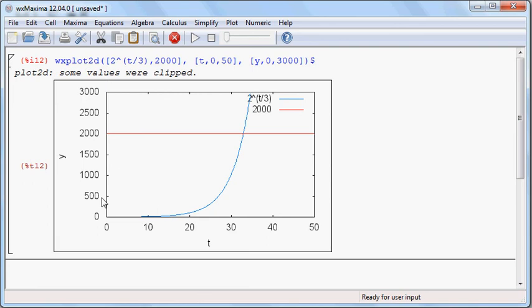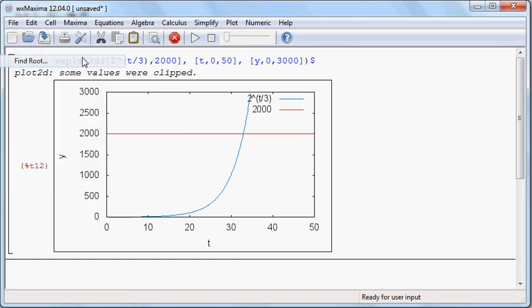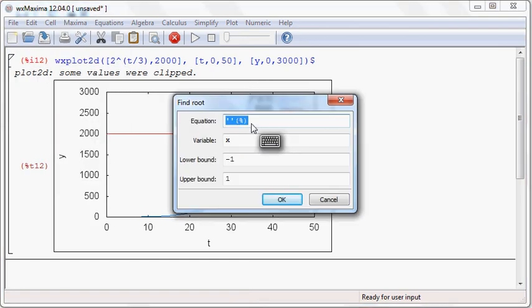So I'm going to try to find that by going to equation and find root. You're going to have the equation 2 to the t over 3. Oops, sorry, I have to write 2 to the parenthesis, t over 3, and that has to be equal to 2000.